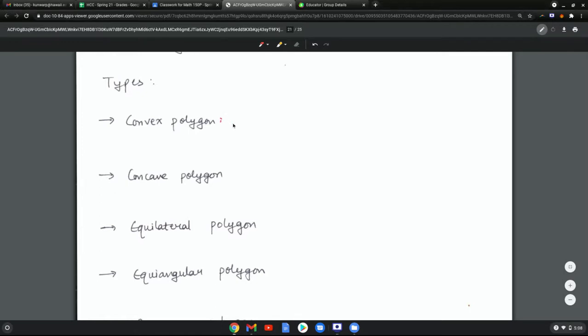Convex polygon means a line connecting any 2 points lies inside the polygon.